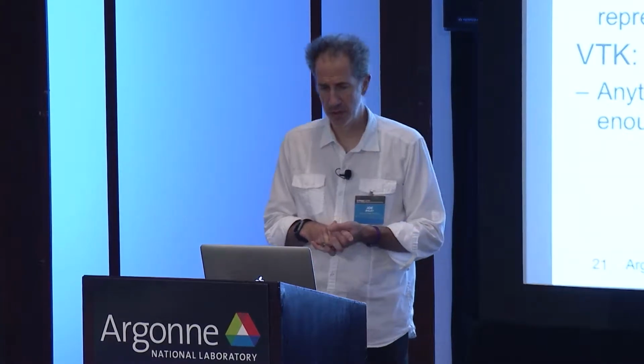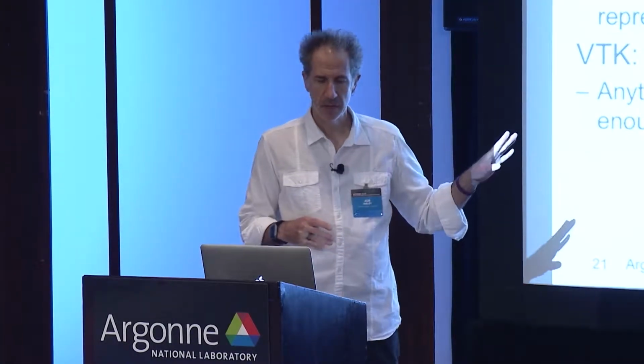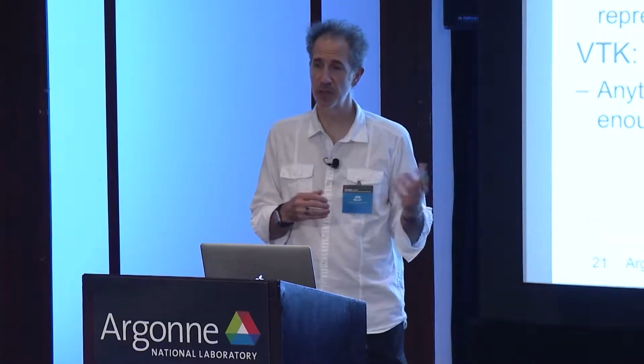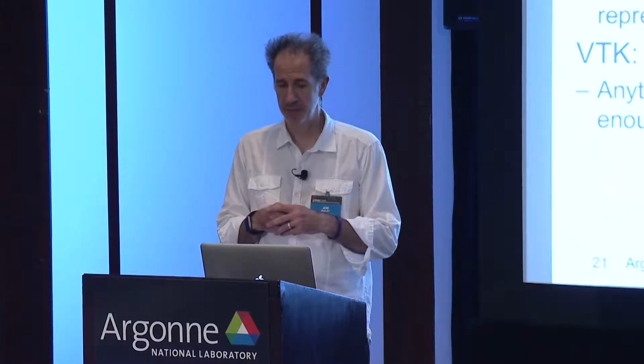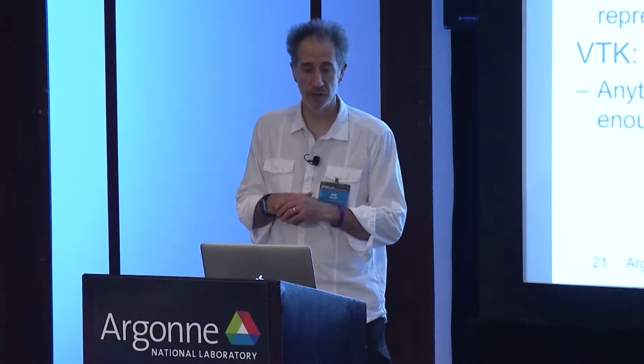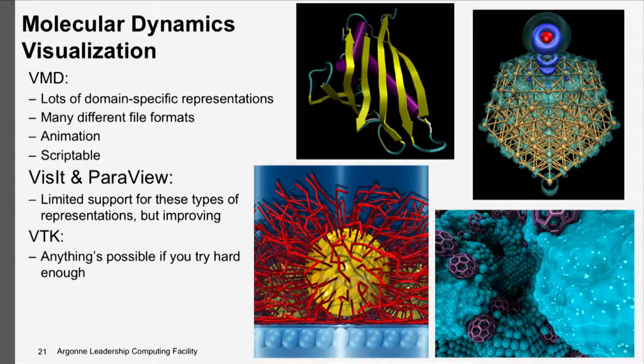As I mentioned, VisIt and ParaView are general purpose visualization tools. They're often used for lots of different science domains and different types of representations, like the ones that I've showed. There are other tools that are geared more towards specific domains.